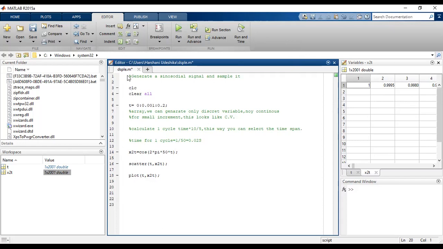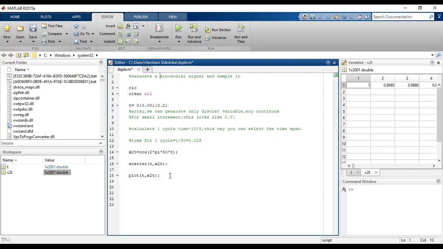You can save it in a Word document, then copy and paste it into MATLAB, but it is better if you type it rather than copying and pasting. If you type this, it will go into your mind.